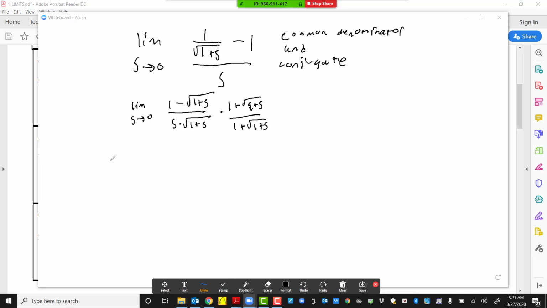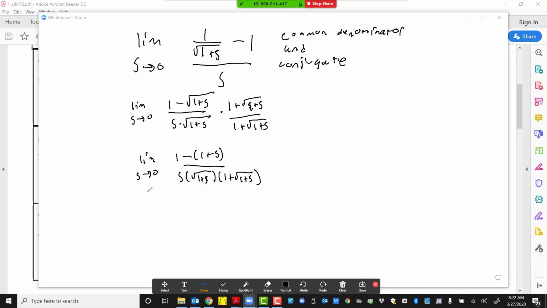Okay, so we get the limit as s approaches 0 of 1 minus 1 plus s over s times root 1 plus s times 1 plus root 1 plus s. That's our whole denominator. Now, notice I'm not multiplying it out, because if we did this right, this s should cancel and we can just plug in 0 at the end.